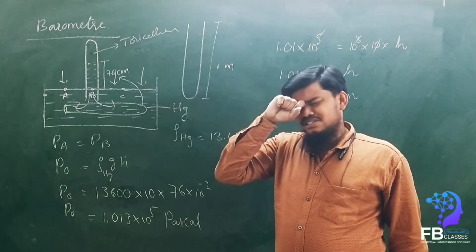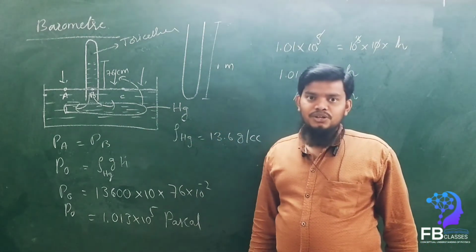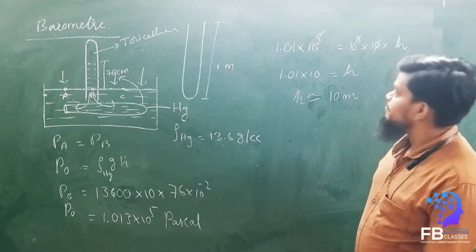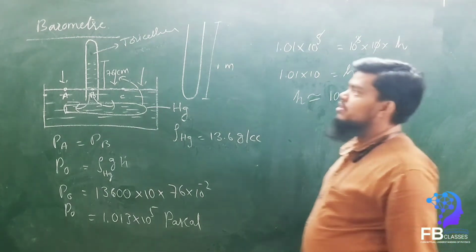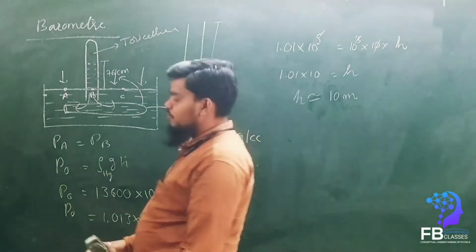So there are many advantages, nothing to worry about. That's why we use mercury. At the same time we have to be careful about Hg, because it is poisonous. You can note it down. I hope you understand the barometer very well. Next, you can copy this, then we can go further.